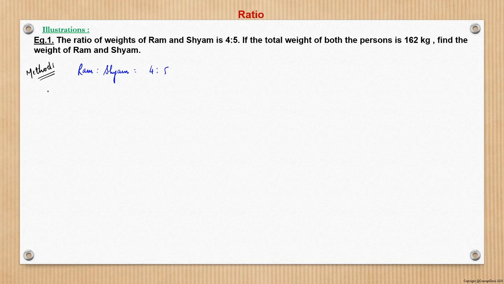So let the weight of Ram be 4x and the weight of Shyam be 5x. What is the total weight?